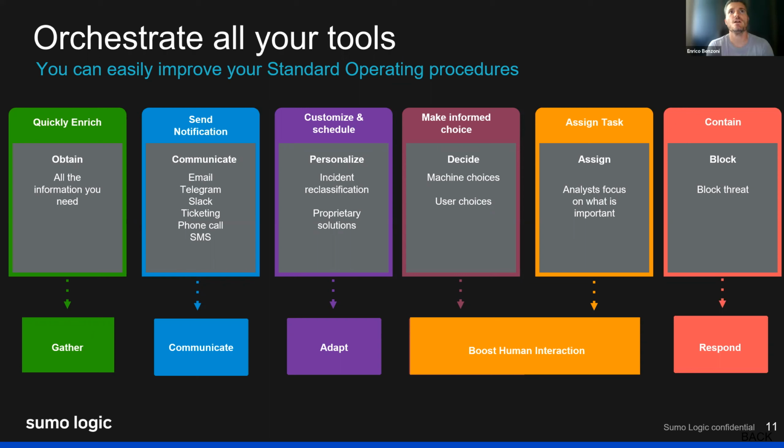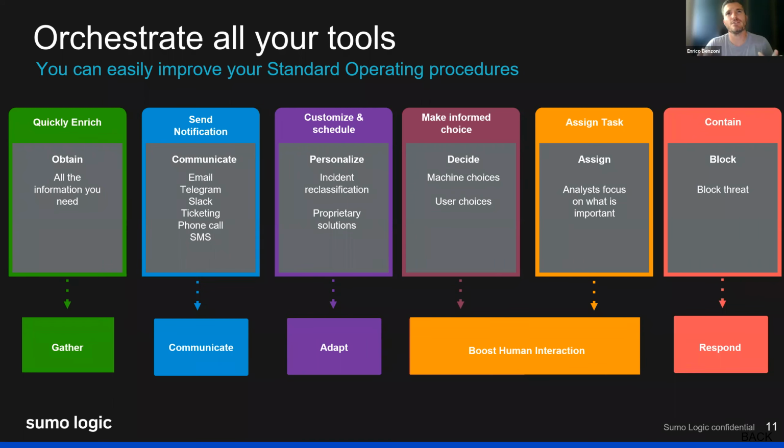Then you can make the incident reclassification, or you can have in purple and in orange the human interaction, basically making informed choices and assigning tasks. And finally, there's the containment action.